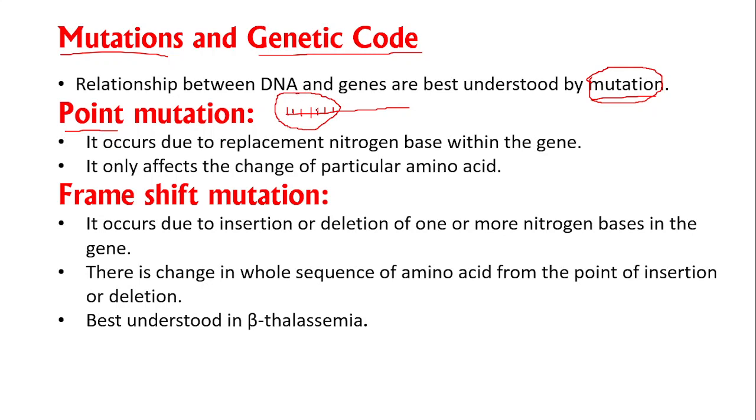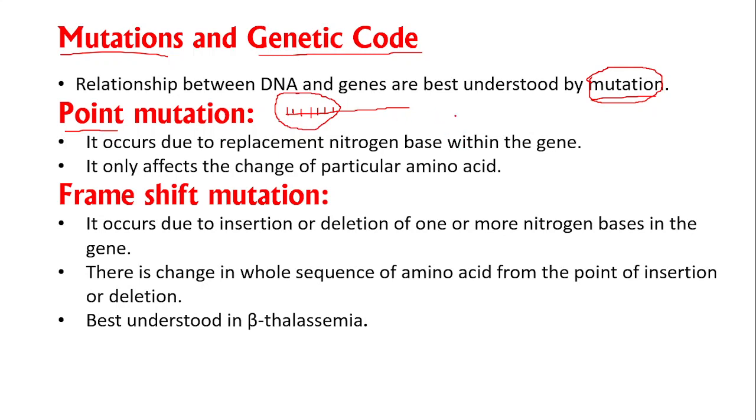Like this, the nitrogenous bases will be found on the mRNA. But in the first codon, as you already know, it should always be AUG because it is the initiator codon. If AUG is altered by one nitrogenous base, if AUG becomes GUG, then what will happen?